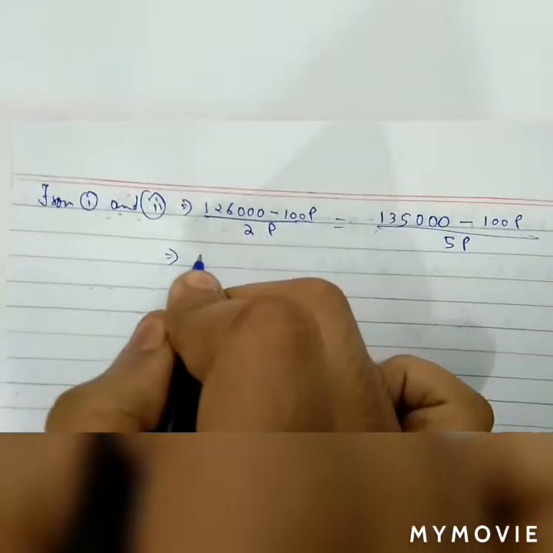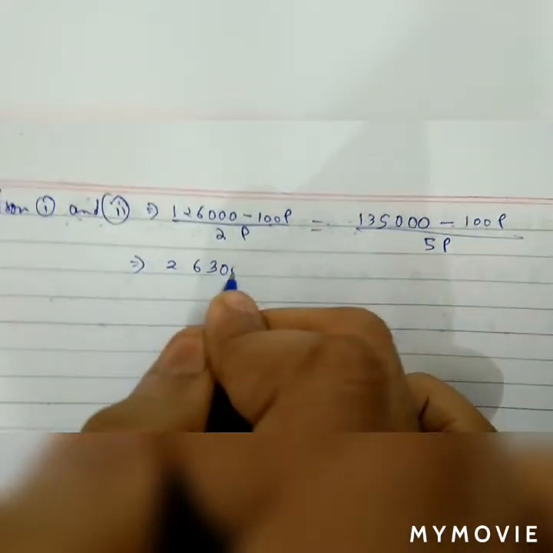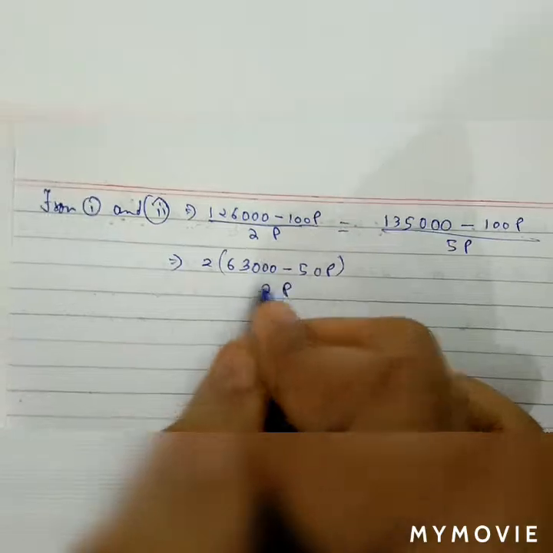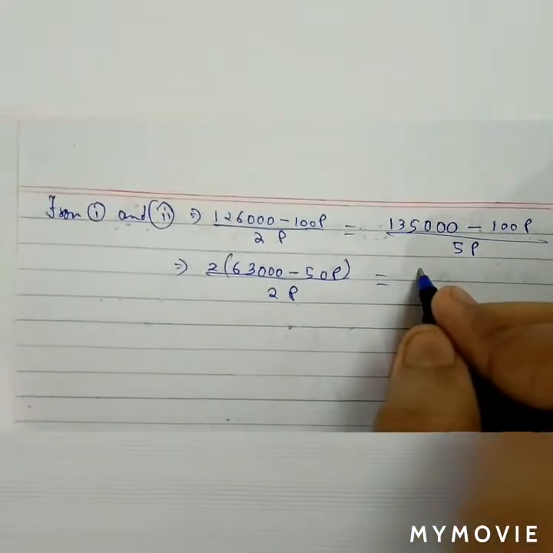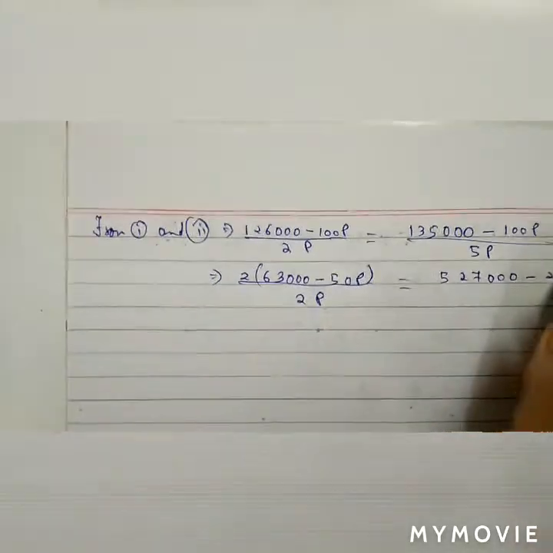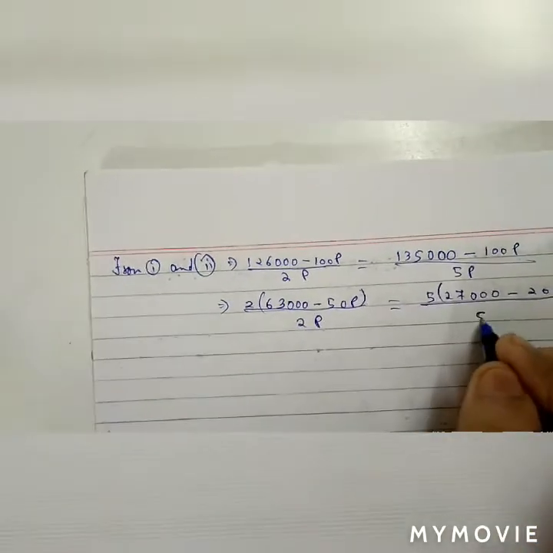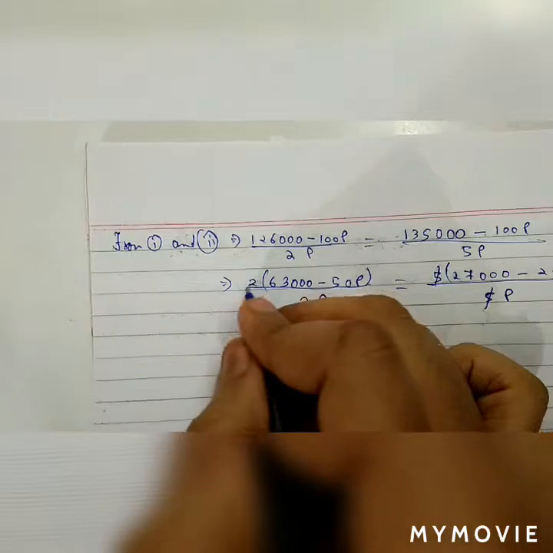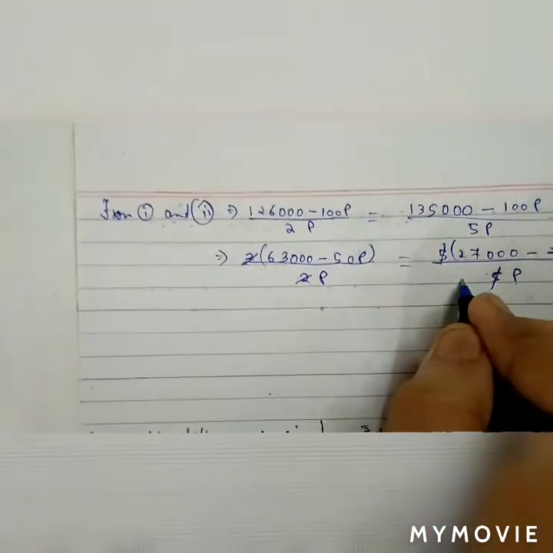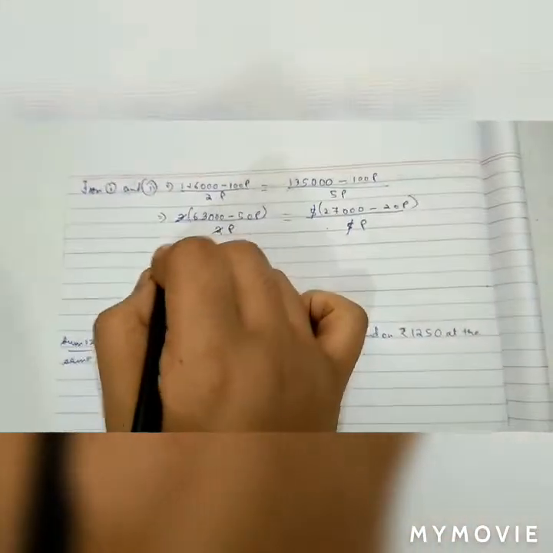Now we will take 2 as common, that is (63,000 minus 50P) divided by 2P. Here we will take 5 as common, that is (27,000 minus 20P) divided by 5P. Here 5 gets cancelled and here 2 gets cancelled. In both cases the denominator is P, so we will skip the denominator.